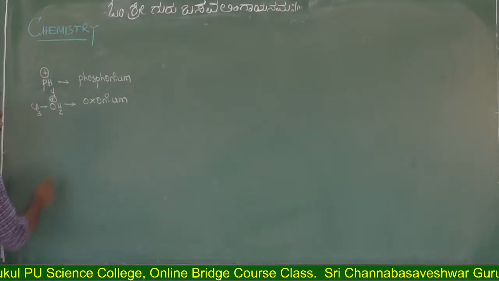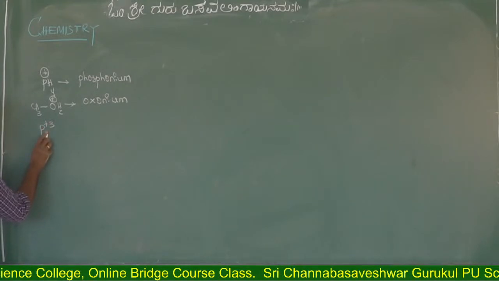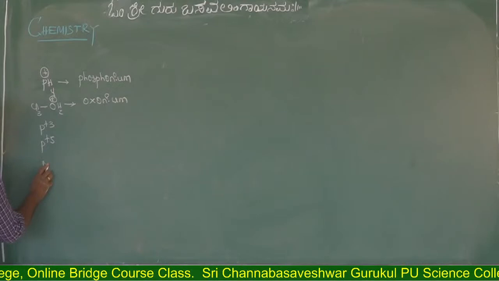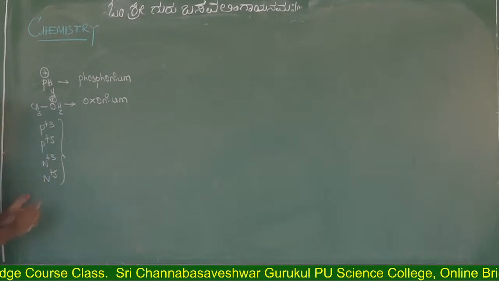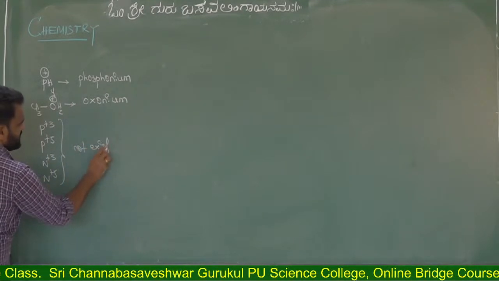Later, I think these ions were given: phosphorus plus 5 and phosphorus plus 3, nitrogen plus 3 and nitrogen plus 5, and these ions do not exist in the free state.